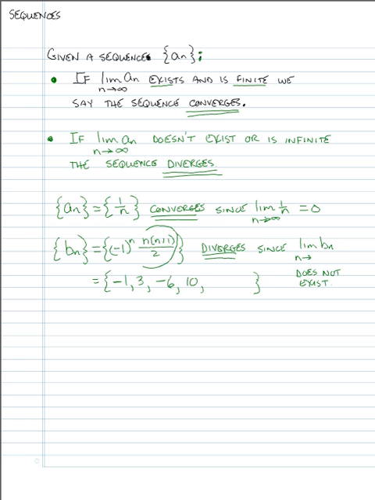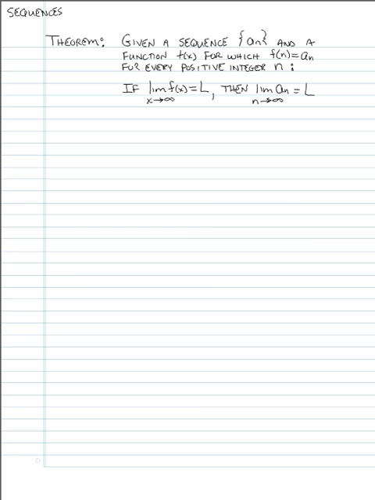Okay, so we already know a couple of examples. Rather than try to squeeze this in, I'm going to move on to the next page. This is an important theorem. The theorem states that, let's assume we're given a sequence a sub n, and either we're given a function or we can find a function f for which, for every integer n, if we put that integer into the function, we get the same.